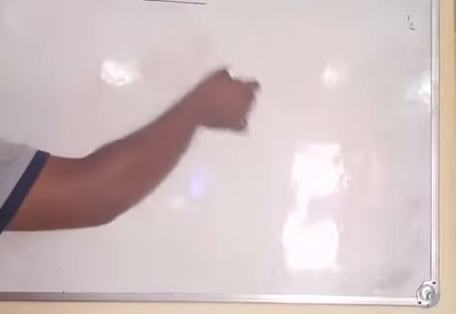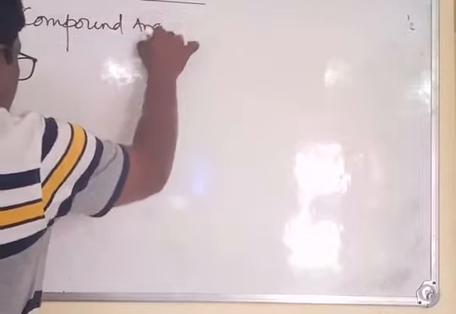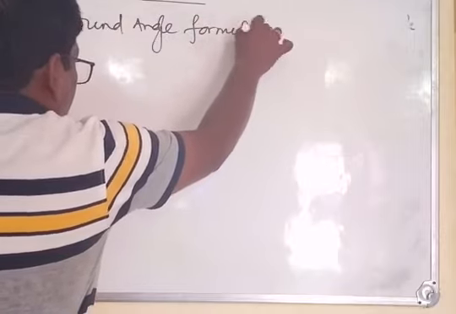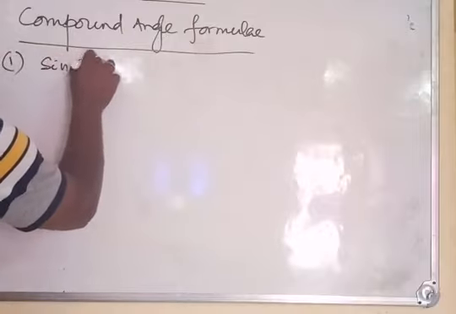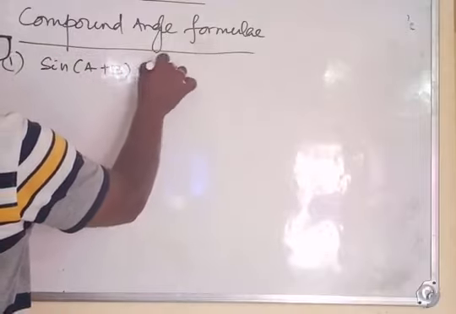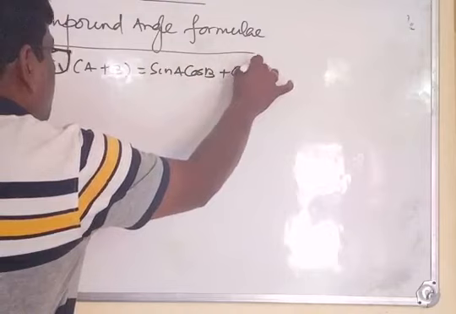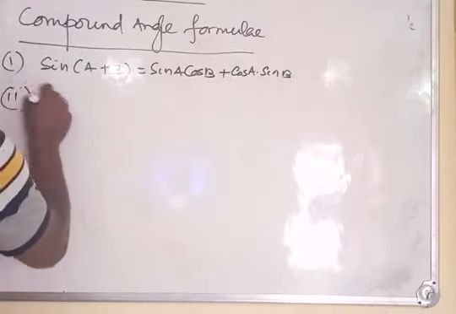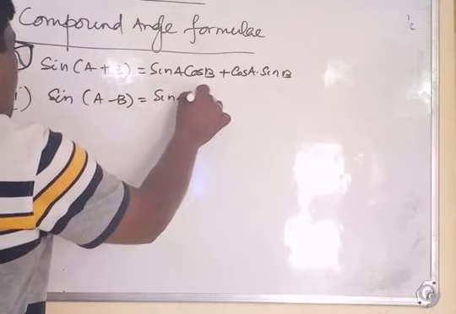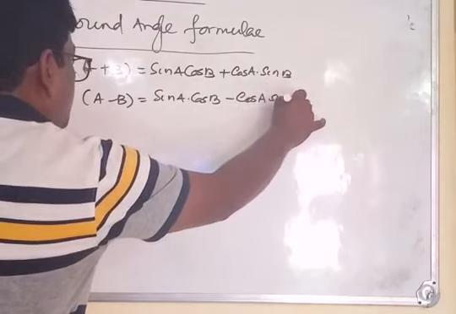What are the compound angle formulae? First formula: sin a plus b is equal to sin a into cos b plus cos a into sin b. Number 2: sin a minus b is equal to sin a cos b minus cos a sin b.